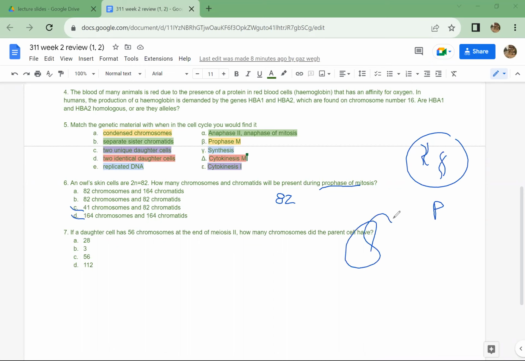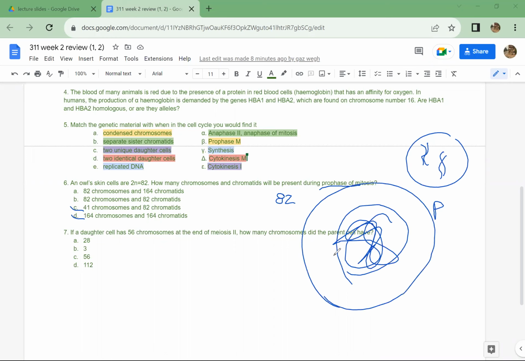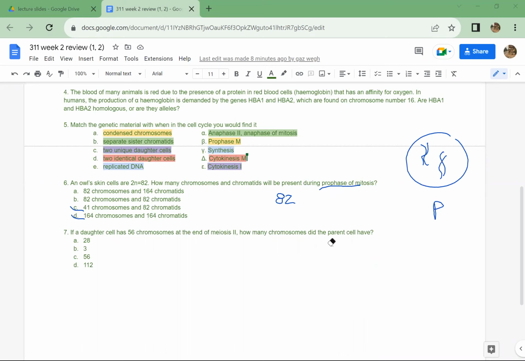They used to be that spaghetti nonsense all throughout the nucleus of our cell. However, that was during the regular life cycle. When we then move into interphase and explore that cycle, remember we had G1, S phase, G2, and mitosis.